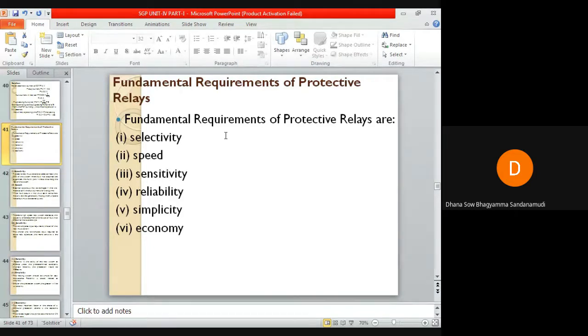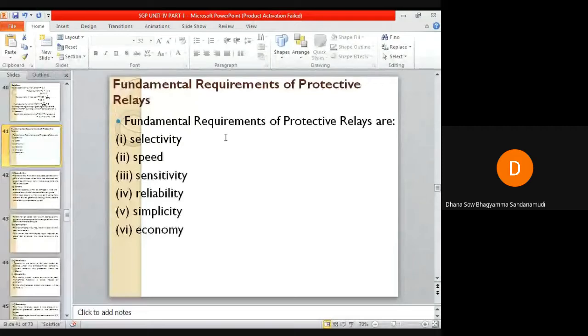So as soon as fault occurs, it must be quickly sensed by this relay. The speed of the relay should be high enough to quickly sense the fault.